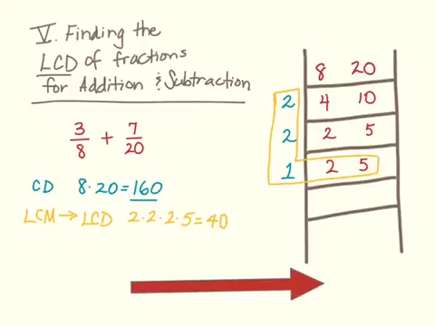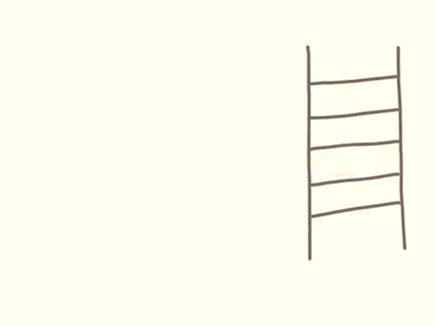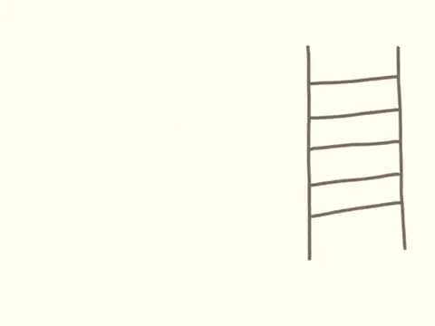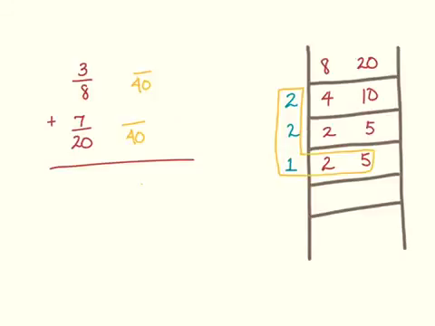Now the next slide will show a very cool feature of the ladder. We are going to be able to easily write equivalent fractions for 3/8 and 7/20 using the common denominator of 40. So now I have set up the addends for our addition of the two fractions vertically because it is easier to find our equivalent fractions that way.